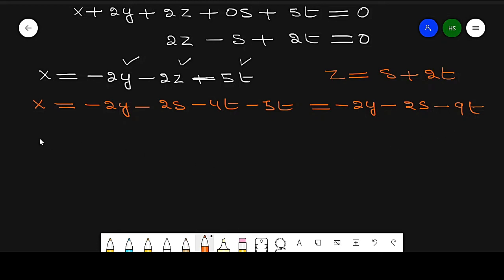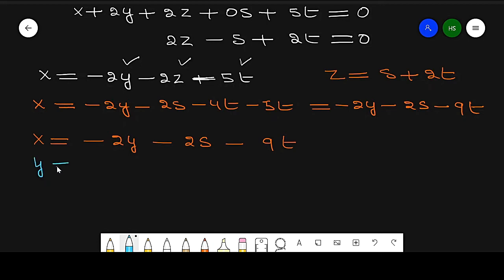So we write these equations this way: x is equal to minus 2y minus 2s minus 9t. This is the equation for x.